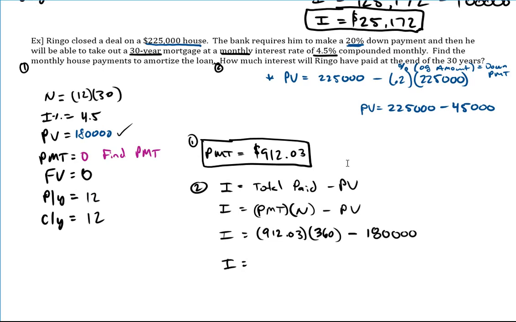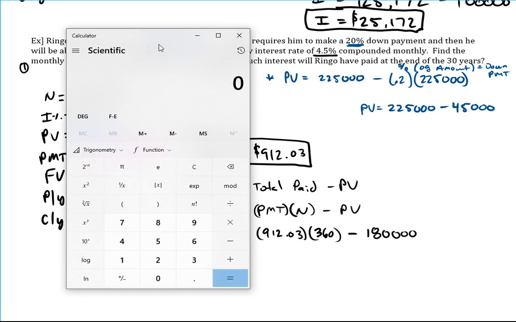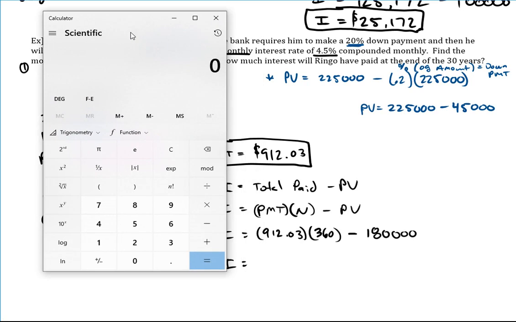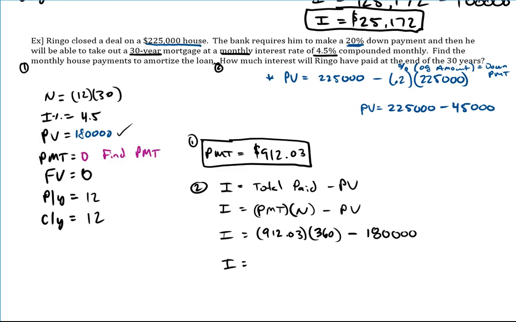Now is where I would just use, on the computer, this calculator because it's the fastest. So $912.03 times 360 gives us that. So let me go ahead and write that in there. $328,330.80, and then we'll subtract. So this amount right here, I'm going to highlight it.